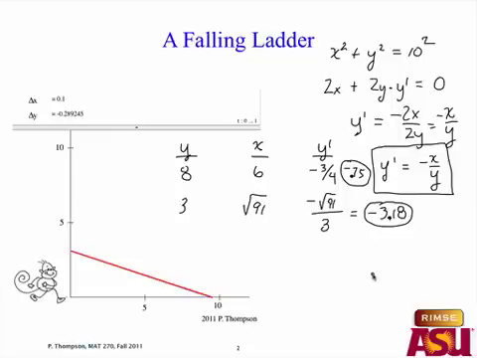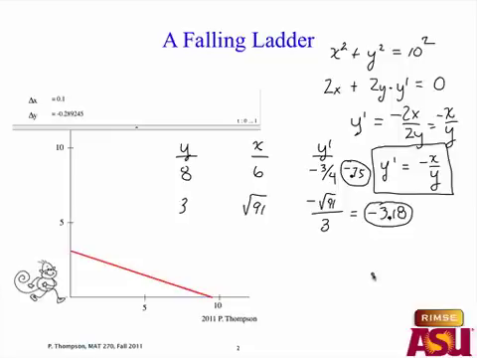Yeah, so when the ladder's up here at 8, if x changes a little bit, it's going to fall a little bit less than whatever your change in x was, right? Here, when y is around 3, if x changes a little bit, how much will the ladder fall? About 3 times as much. As x goes out to the right, the ladder's going to fall about 3 times as much.